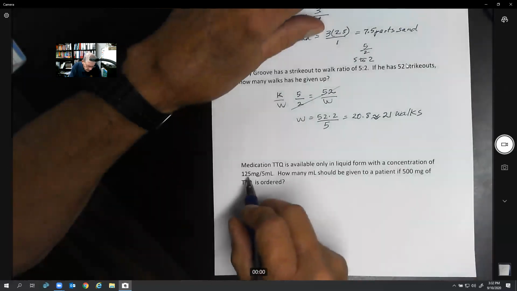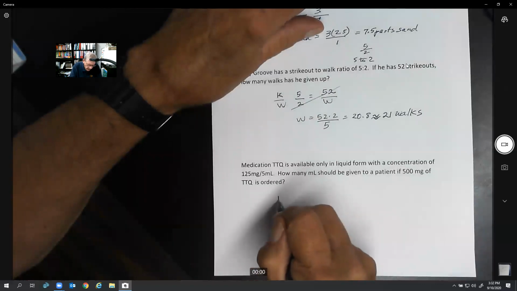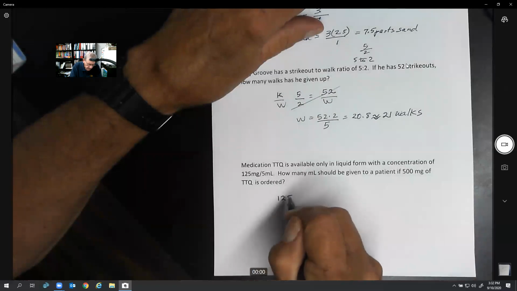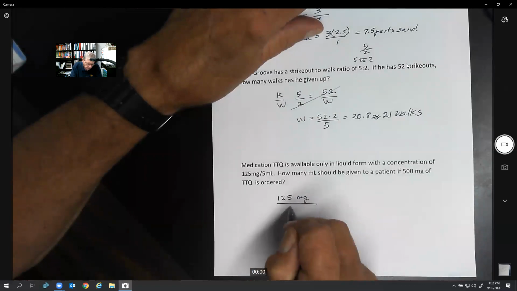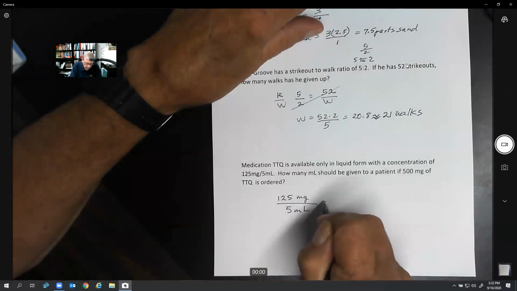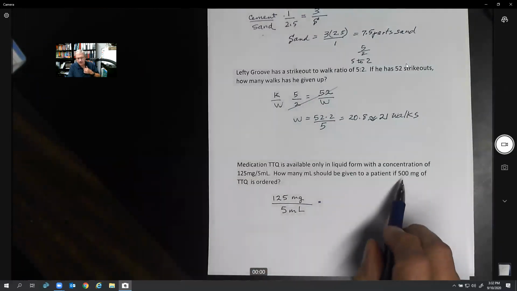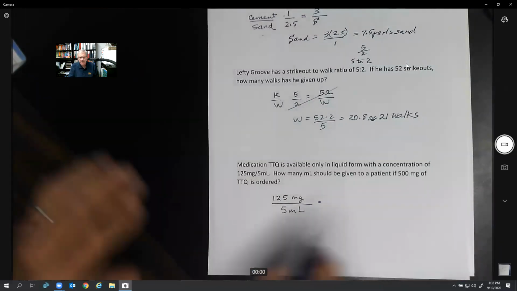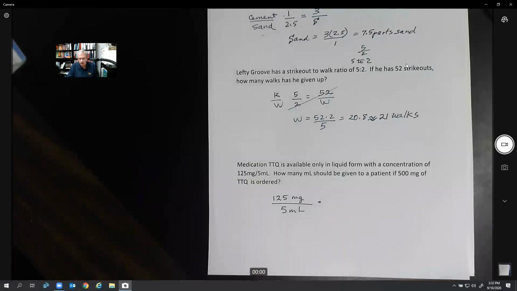Okay, so right here is our ratio. Our ratio is 125 milligrams, and I just put the milligrams right there, over 5 milliliters. Now, the order that you were given was to fill a prescription of 500 milligrams. Maybe the doctor didn't know this was in liquid form.